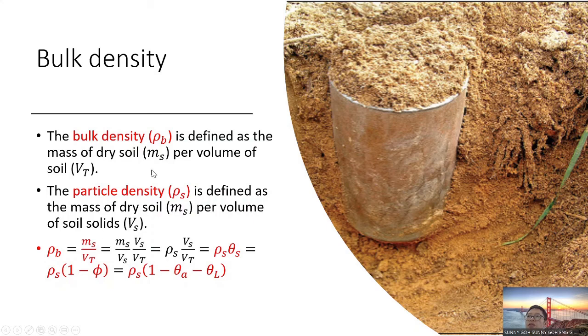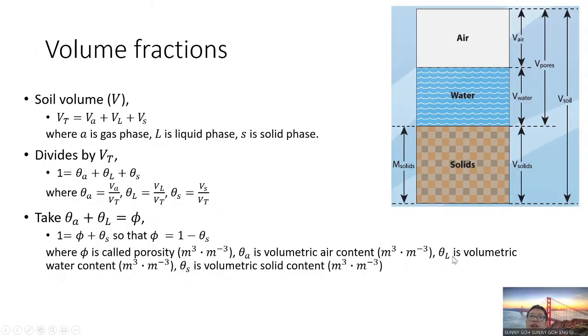Ms over Vs, as you know, represents the particle density. So we can write it as rho s, the particle density. And Vs over Vt is the volumetric solid content.